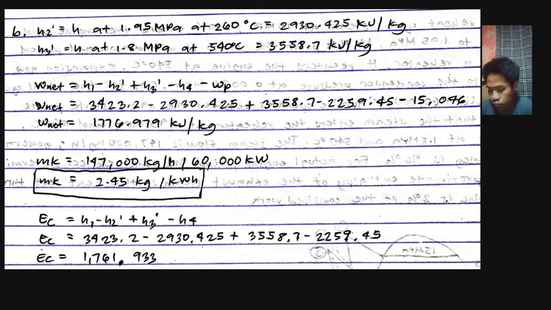Next, solution for B. H2 equals H at 1.95 MPa at 260 degrees Celsius, which equals 2930.425 kilojoules per kilogram.